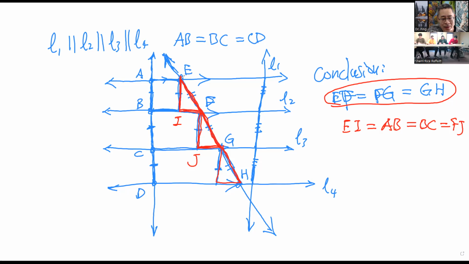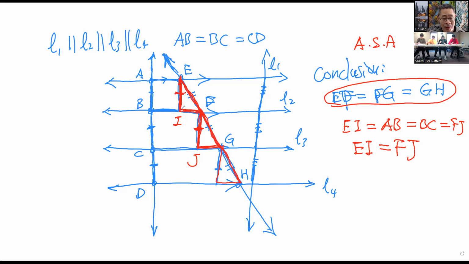So that means we know this and that are congruent. Therefore EI is congruent to FJ. So we got one side now. So we're going to use angle side angle to prove it.